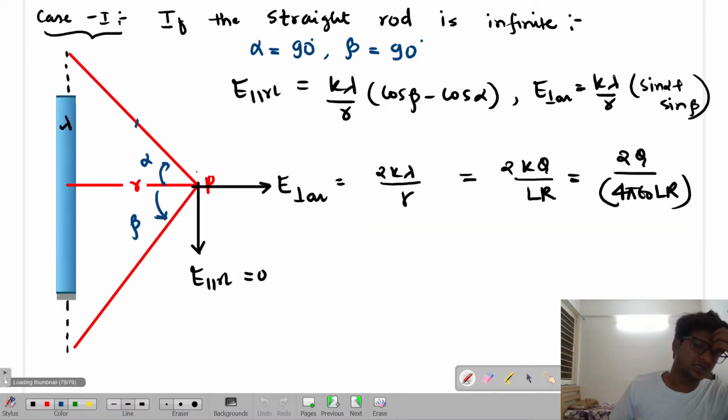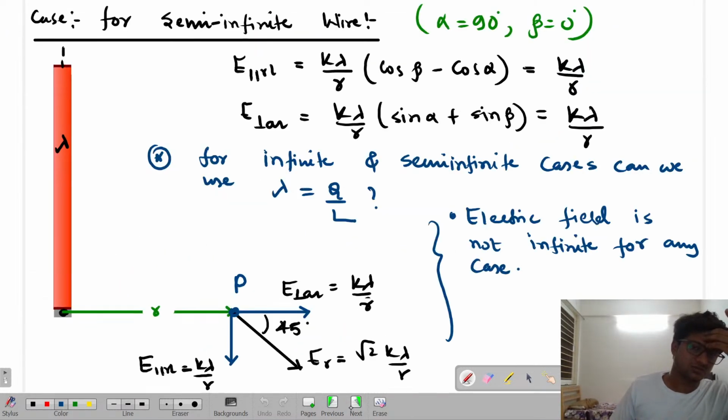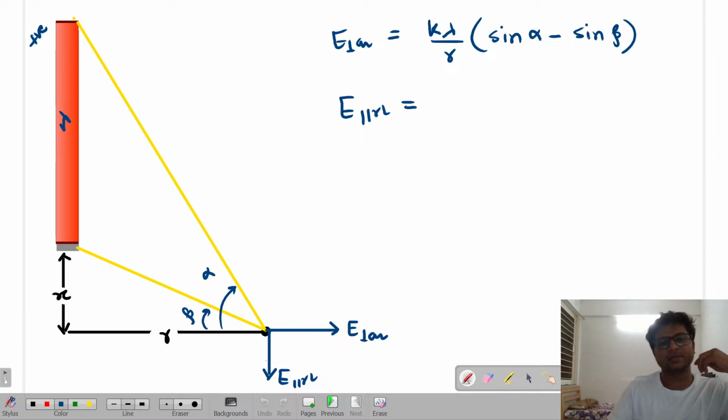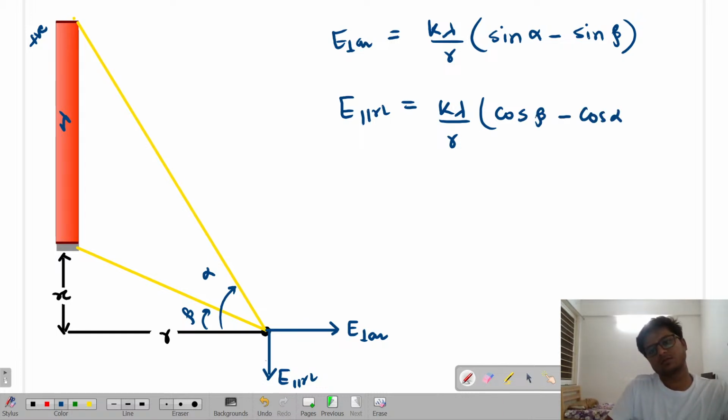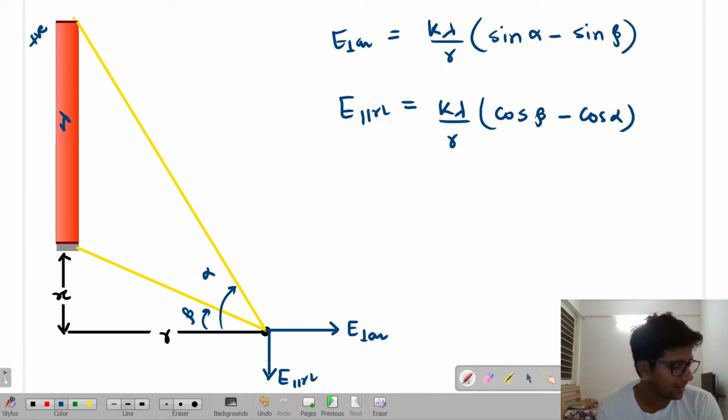Previously we considered minus beta, so we got a positive term. And this time E parallel will be k lambda by r times cos beta minus cos alpha. Is that clear? Are you able to get me? Okay.